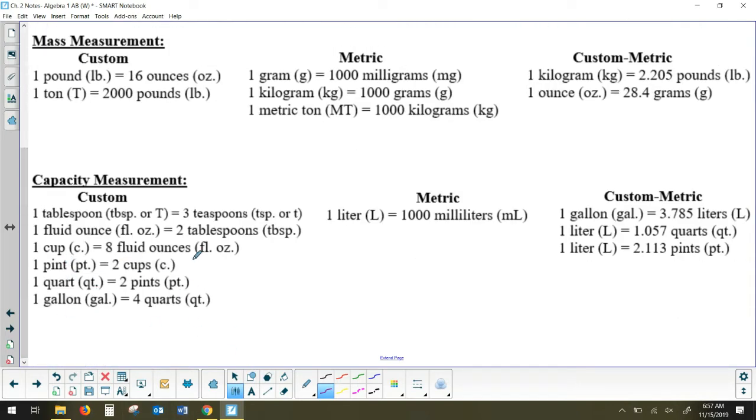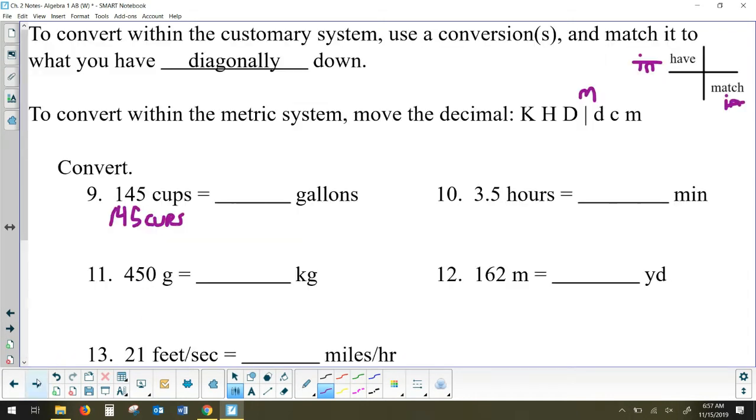Not quite. But we do have this. We have gallons goes to quarts, quarts goes to pints, and pints goes to cups. So, to get from here to here, we have to do 3 steps.